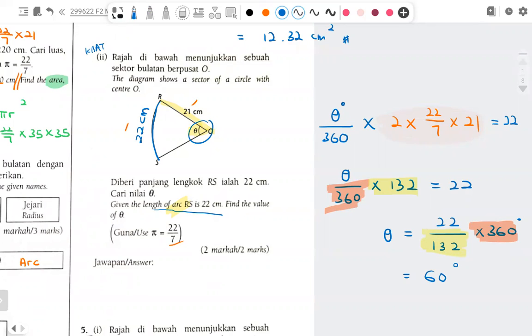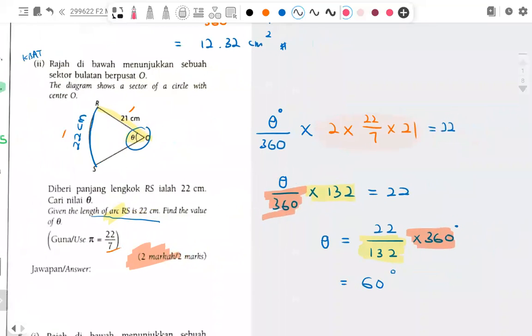So how is the 2 marks actually given? You look here, 2 marks, right? As long as you can form this equation, this whole thing, straight away we get 1 mark. The next mark is the answer mark. If your answer is correct, then you have 1 mark. That's how we mark.